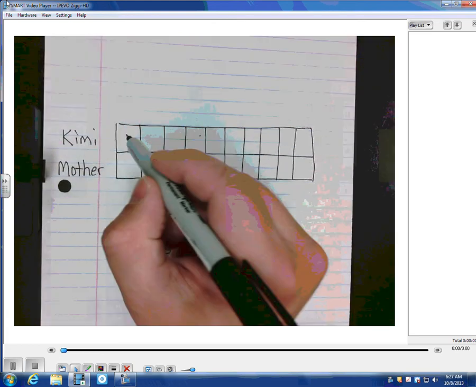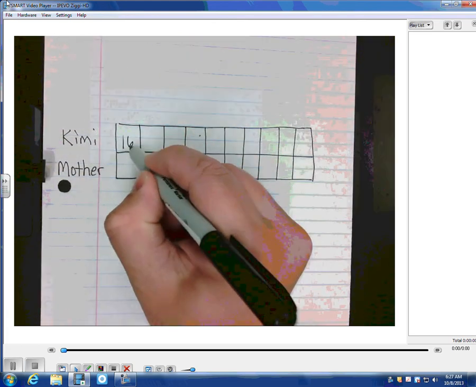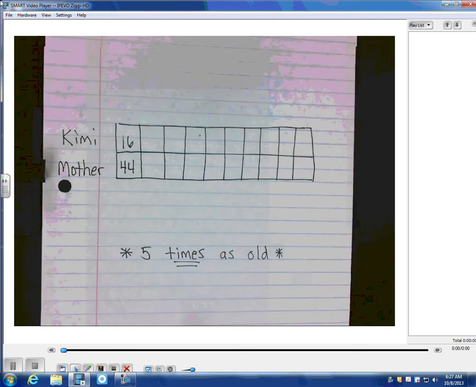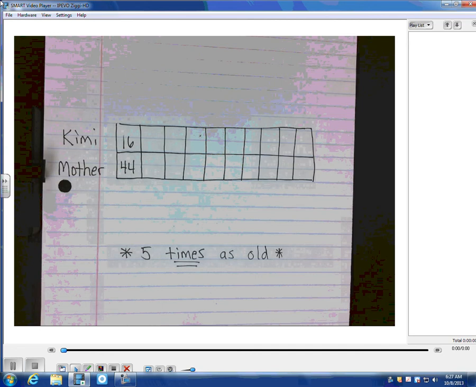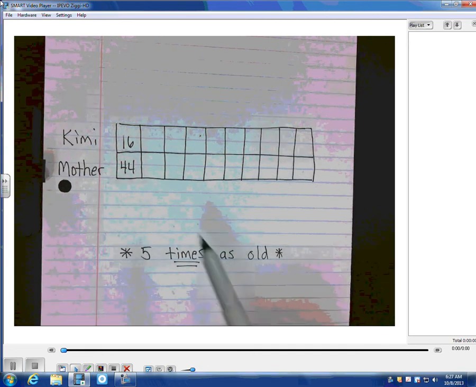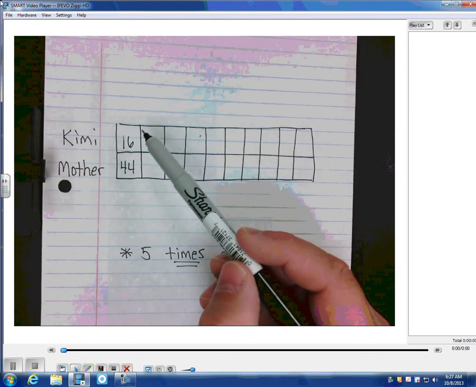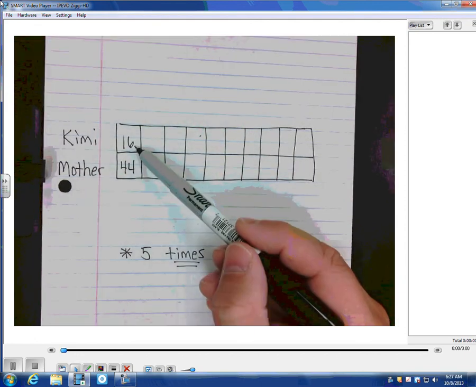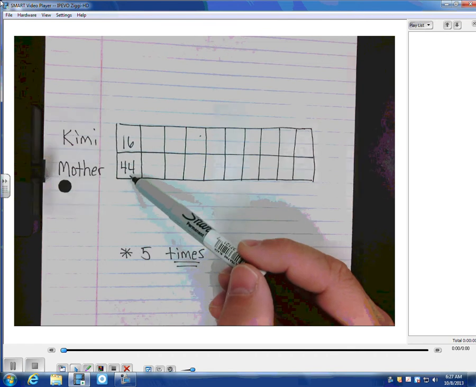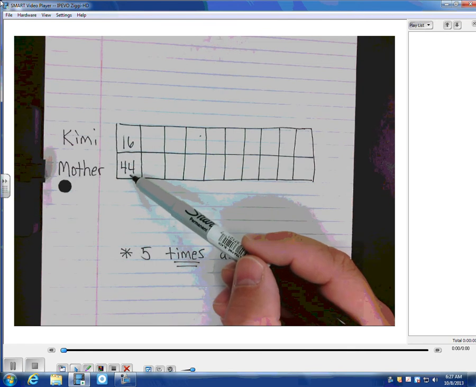We start off with Kimmy being 16 and the mother being 44 years old. Basically, what number can I multiply Kimmy's age by 5 and have it fall within this number here.